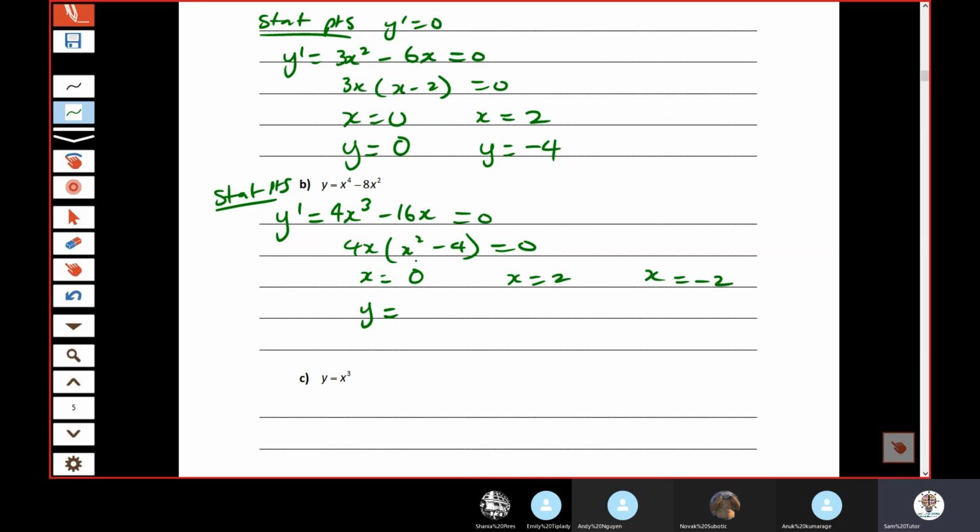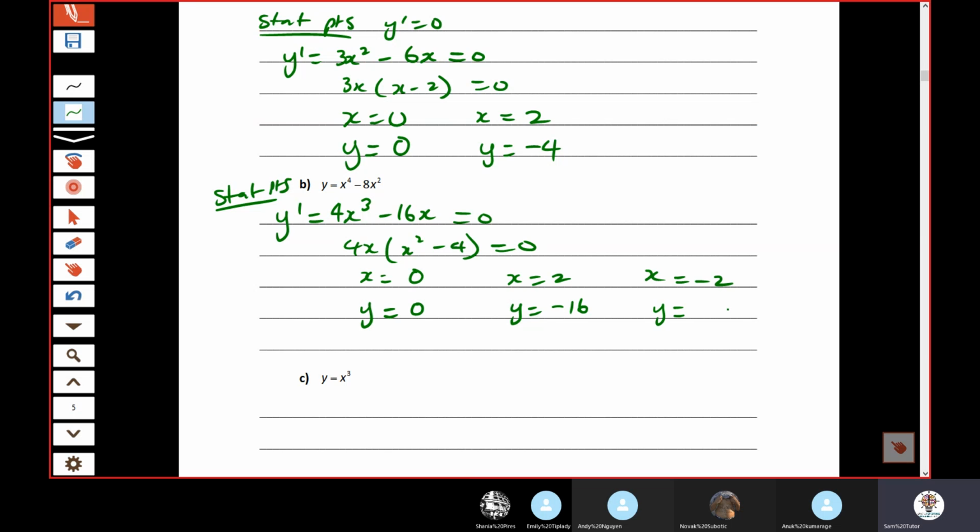I'm going to keep emphasizing that because we're going to be subbing into y dash and y double dash eventually, and that gets confusing because everyone looks at it as a y, but it's not. One's a y, one's a y dash, the other one's called y double dash. So sub back into the original. You get 0. This one you get 16 take away 32, negative 16.